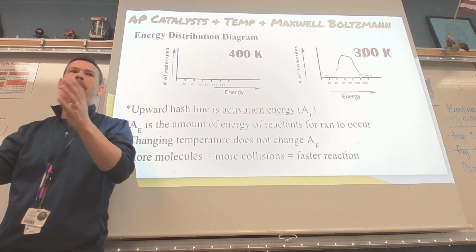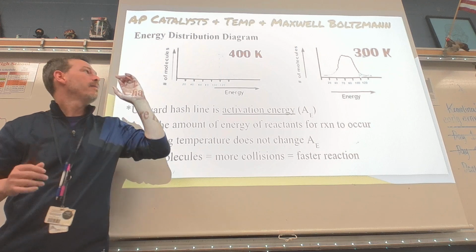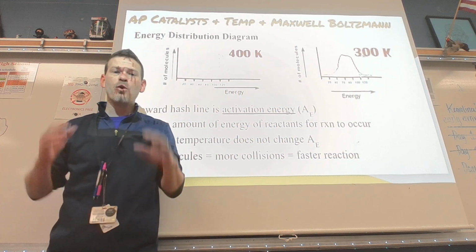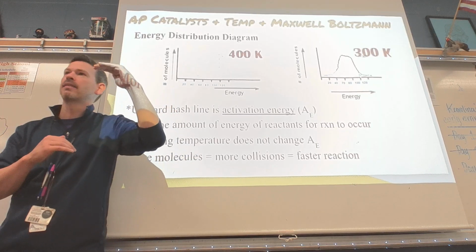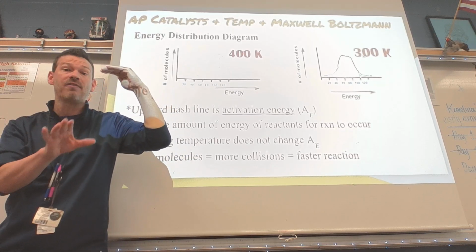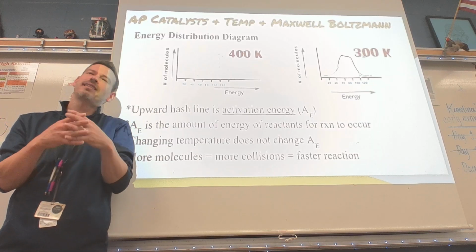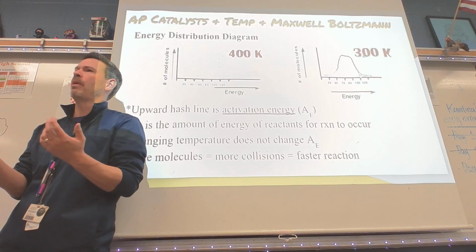That's what the temperature does. In the other one, where it's cooler, the reactants have less energy. Therefore, whatever that mark is, the activation energy that they have to get to react, it's harder to do it because there's less energy available because it's cooler, less hot. It's the better way to say it.